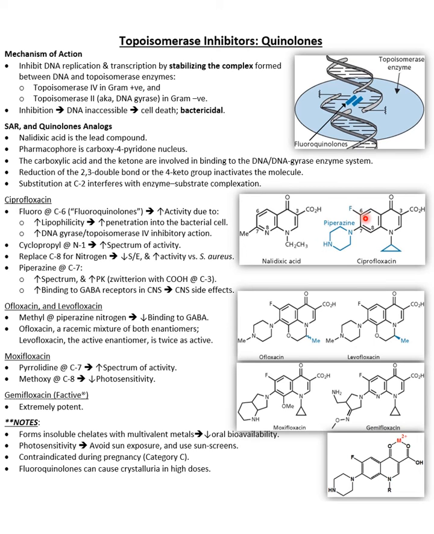So at position 6 here, the fluorine will cause an increase in the activity because it would increase the lipophilicity of the molecule and make it easier to penetrate the bacterial cell, and it will also increase the inhibitory action of the fluoroquinolones. Okay.